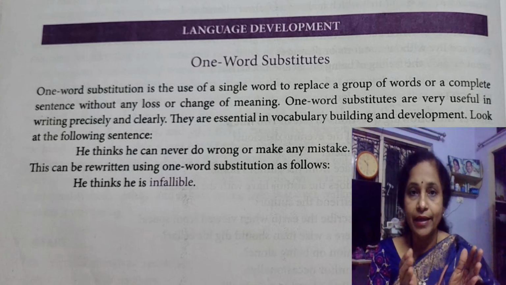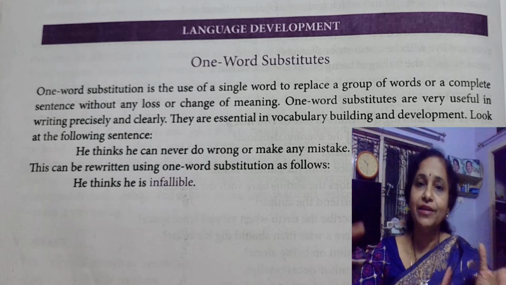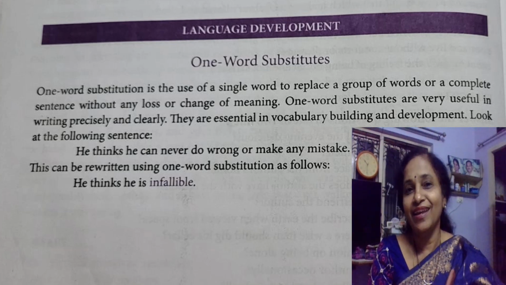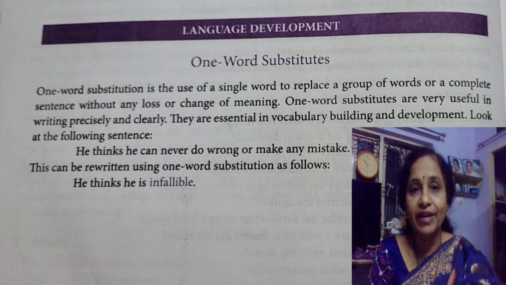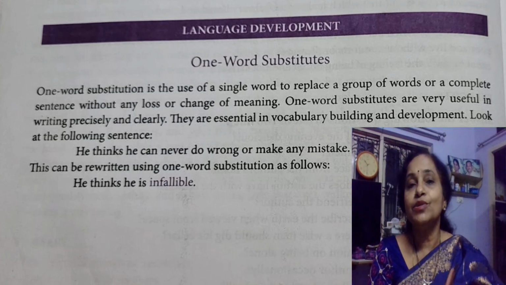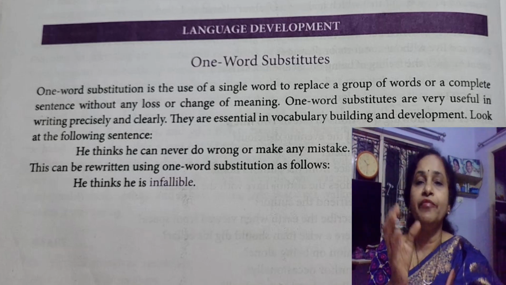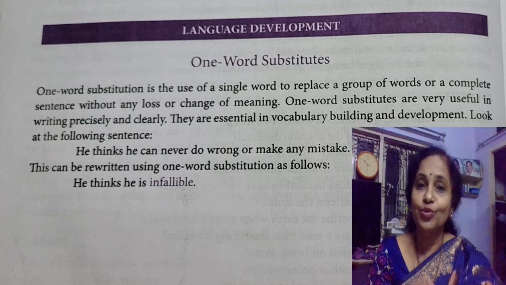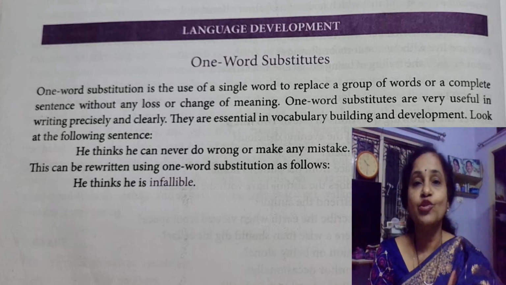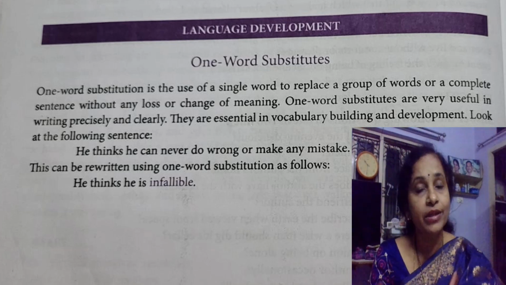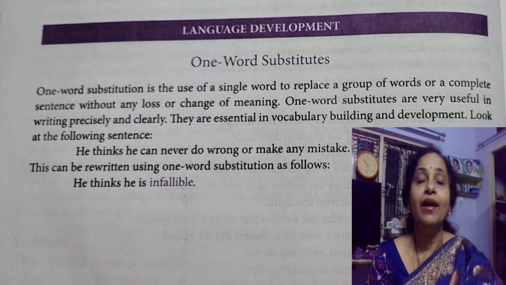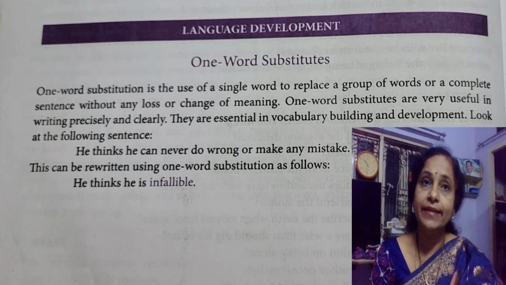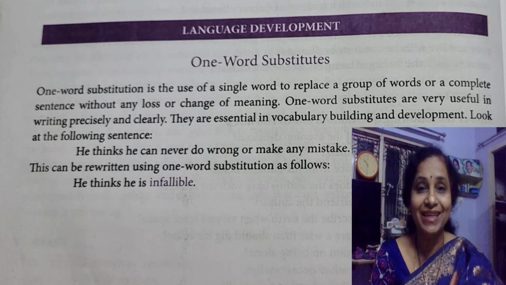So what they can tell within a short period, they extend it, prolong it, and keep on telling for hours together. That demotivates the listener. So it is better to use very precise words and precise sentences to captivate the interest of the listener or the reader. So we follow this kind of one word substitution in either writing or speaking.